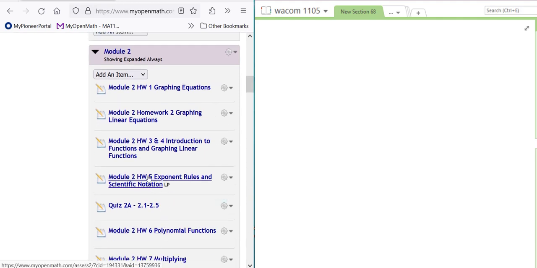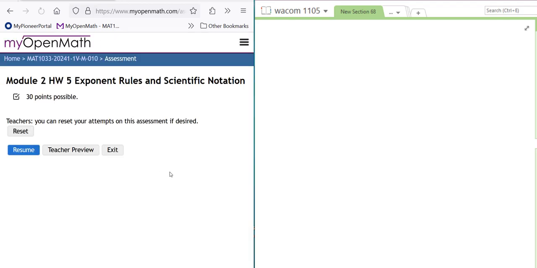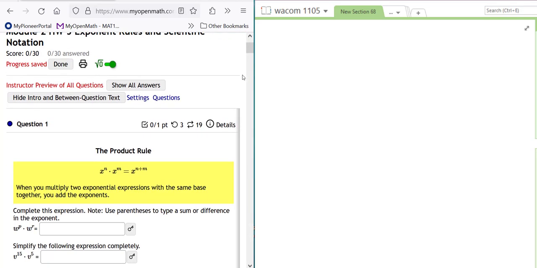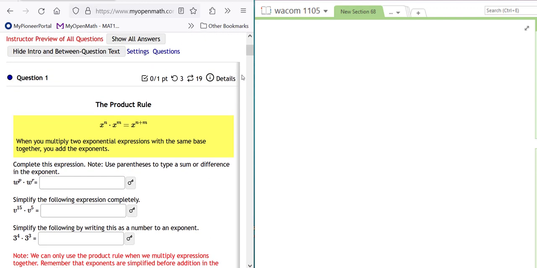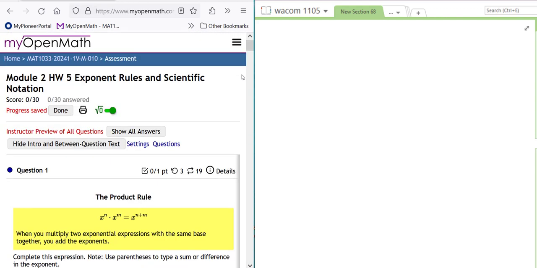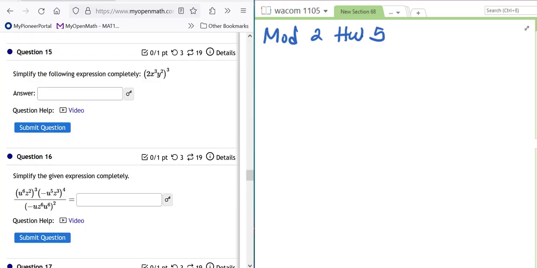Okay, so we are here. And this one, a lot of these problems have, let's see what this is, Mod 2, Homework 5. So these are exponent rules and then scientific notation at the bottom.